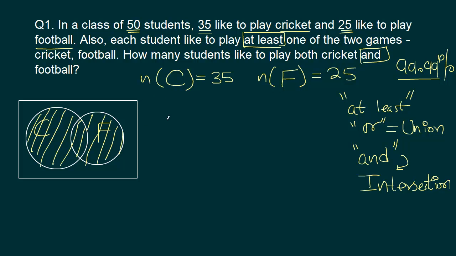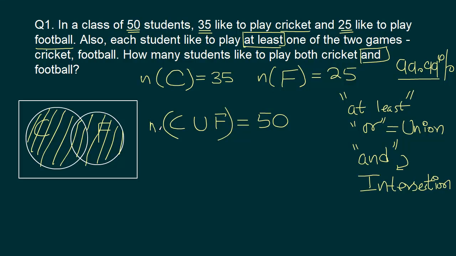That means C union F, the number of elements in this is 50, because all the 50 students like cricket or football. There are no students who do not like either of them.